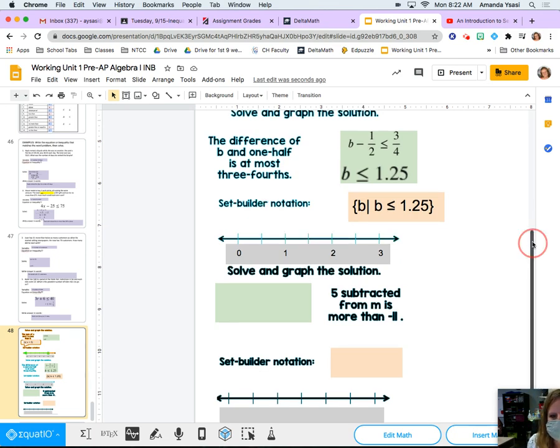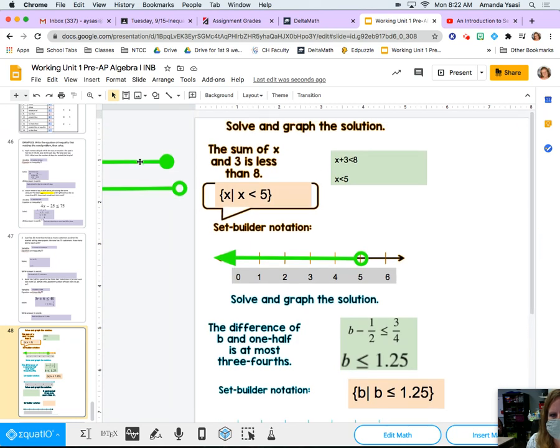And it's going to be or equal to, so that means I need to get the circle.